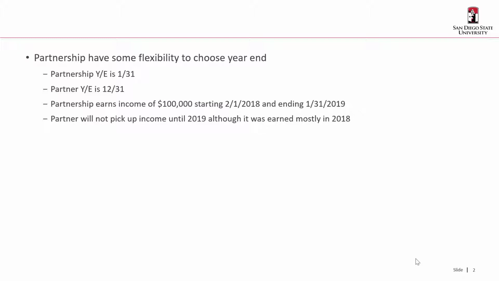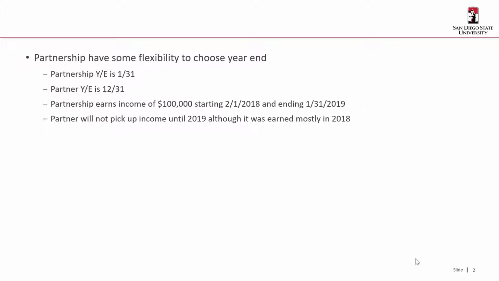So for example, let's say that the partnership year end is January 31st and the partners are all individuals, which means their year end is all December 31st. And let's say this partnership earns income of $100,000 starting in the fiscal year February 1st, 2018 and ending on January 31st, 2019.